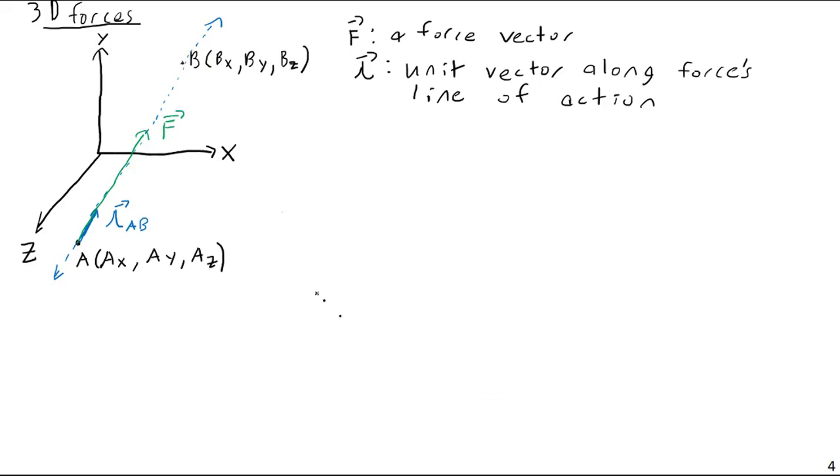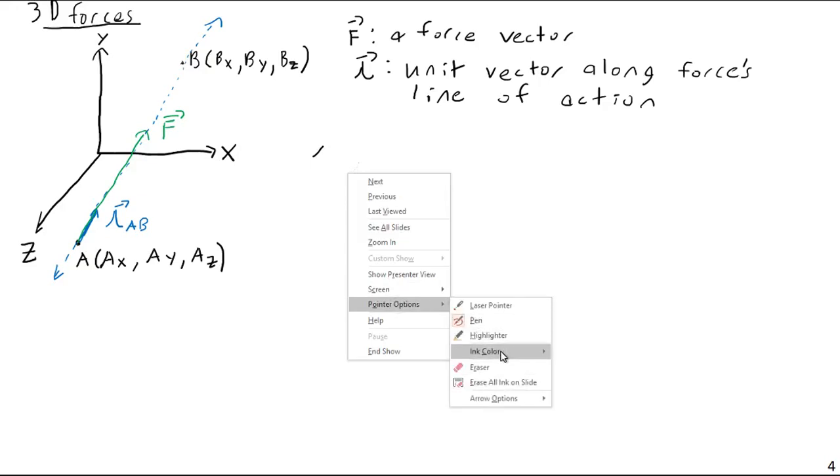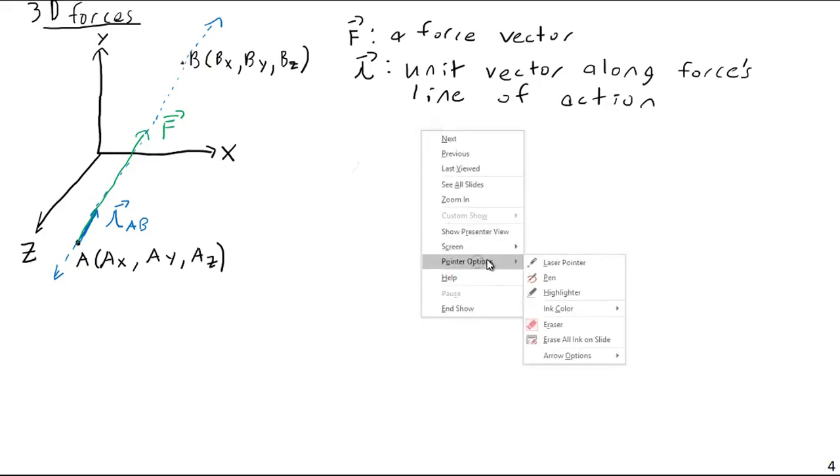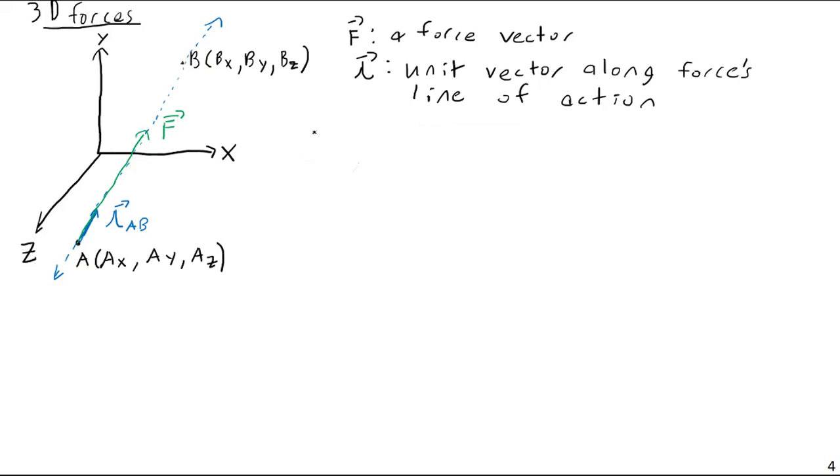So let's analyze this. How would we find lambda? Well, it's simply the unit vector. So first, let me define the vector AB. It's the full vector between A and B, the full distance.